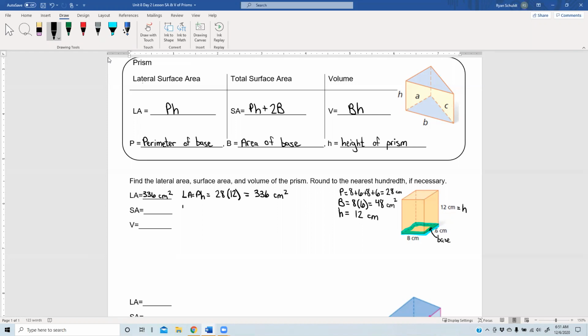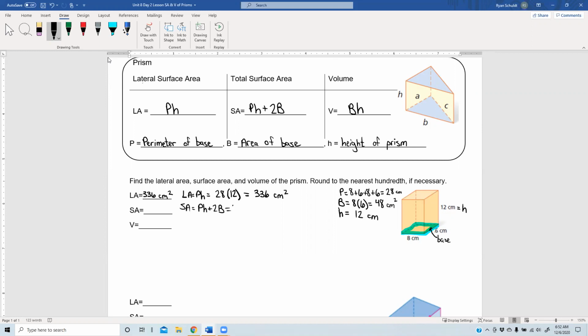So for total surface area, we still need the walls, but now we need the ceiling and the carpet. So Ph plus 2B.